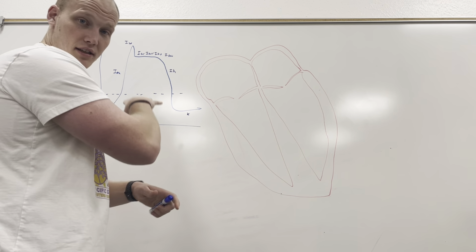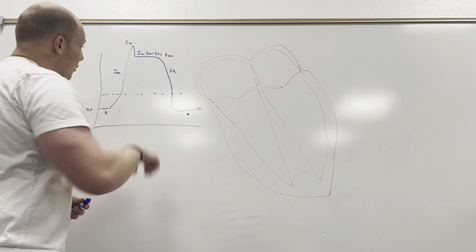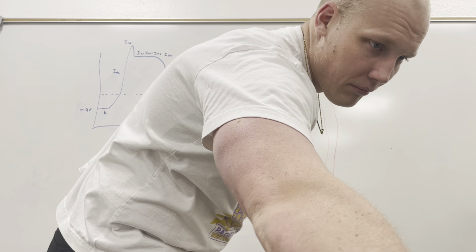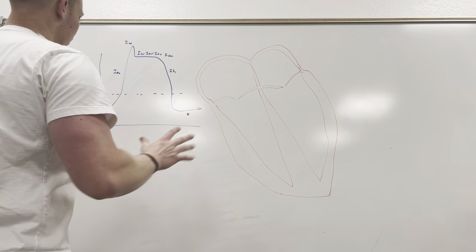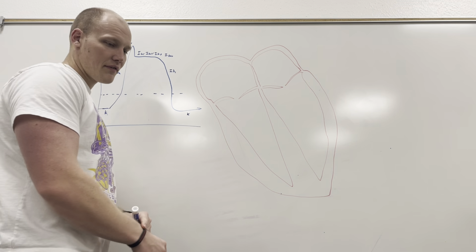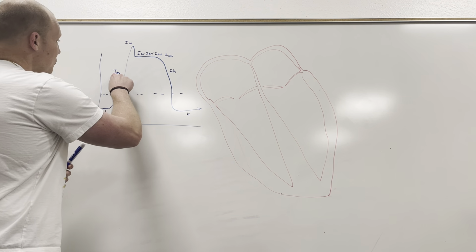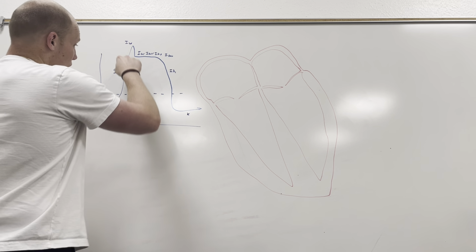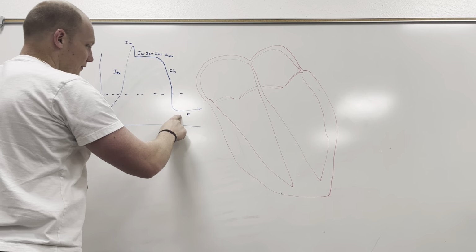So those are the different graphs and how the different action potentials go, and they both have their own different numbered phases. So this would be phase 1, 2, 3, and 4.